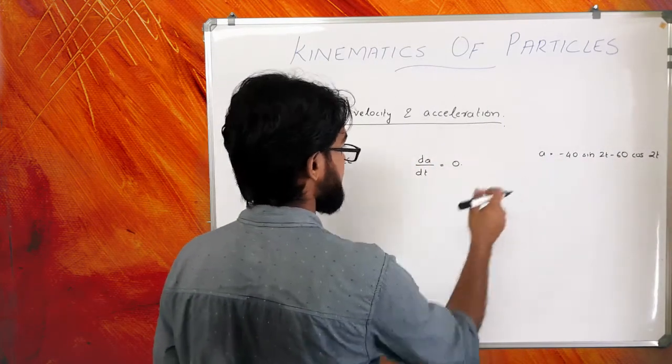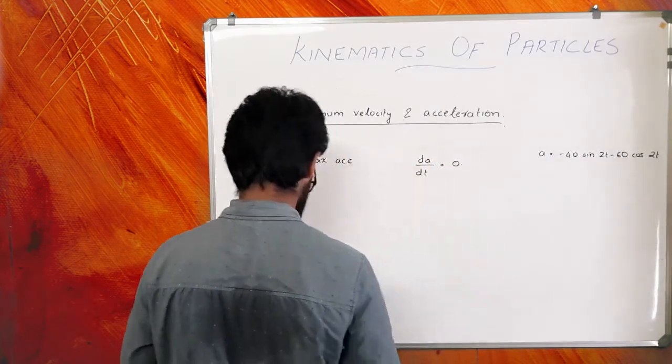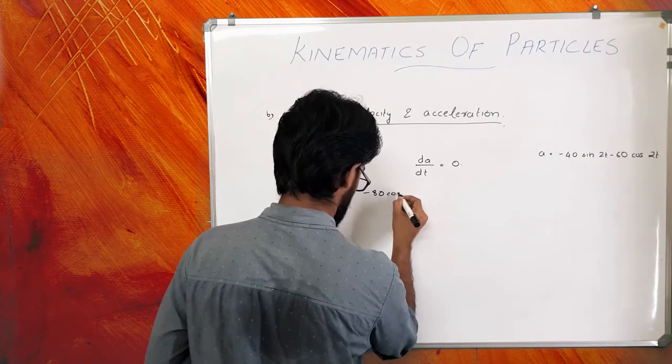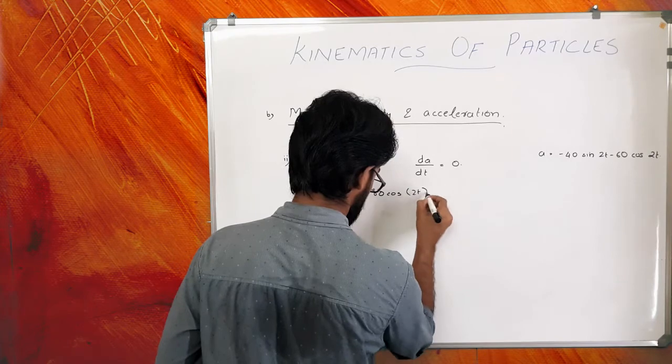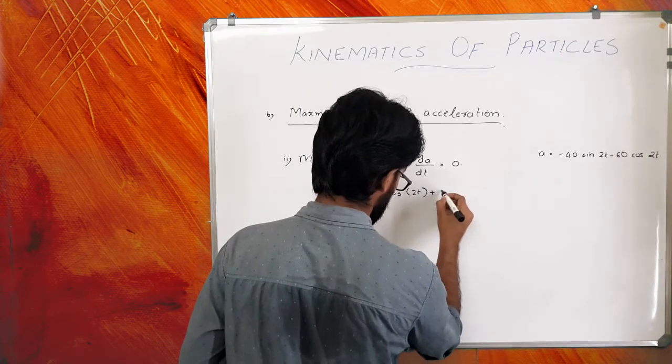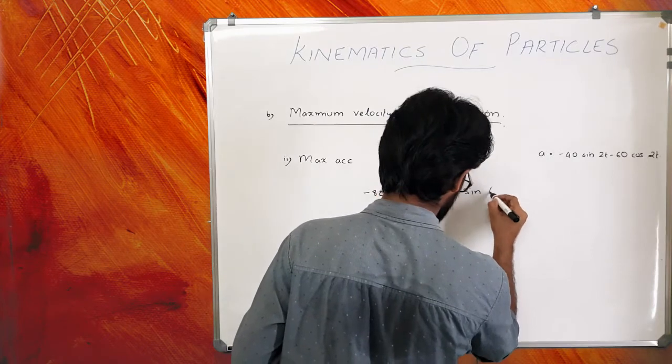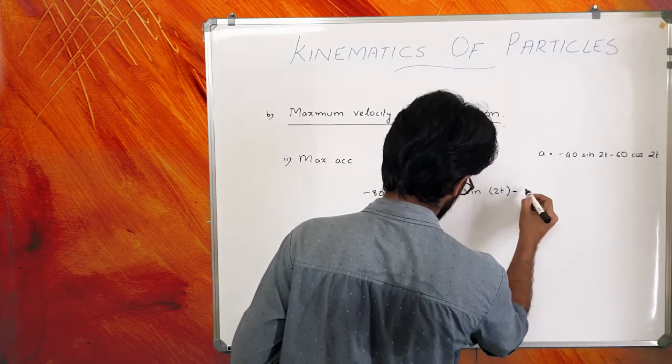So, if I differentiate that, I would get minus 80 cos 2t plus 120 sine 2t is equal to 0.